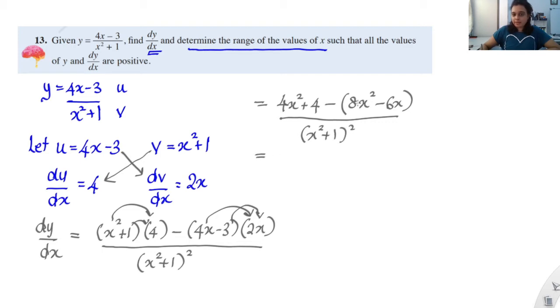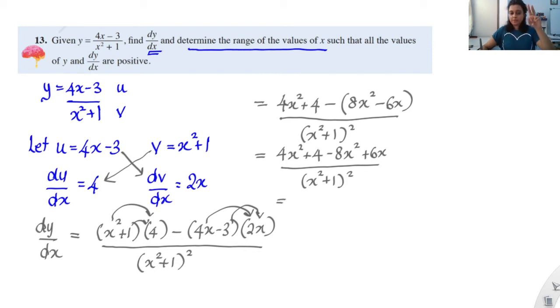Now we open up the bracket: 4x squared plus 4 minus 8x squared plus 6x over x squared plus 1 squared. Because they have the same term, you can subtract. So 4 minus 8, negative 4x squared plus 6x plus 4. We can leave it up to here first.